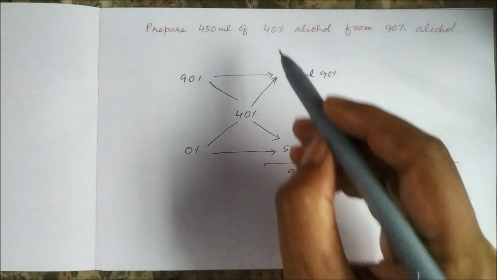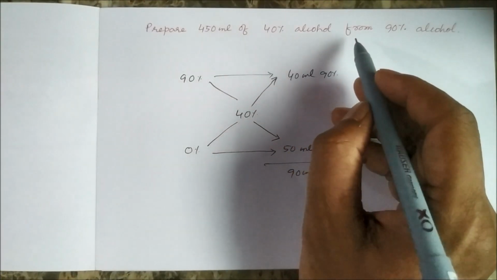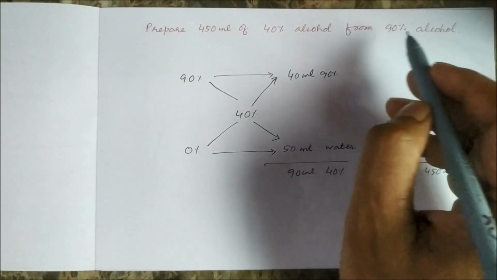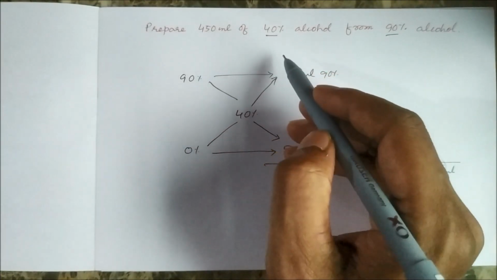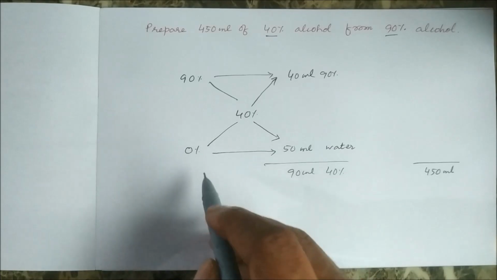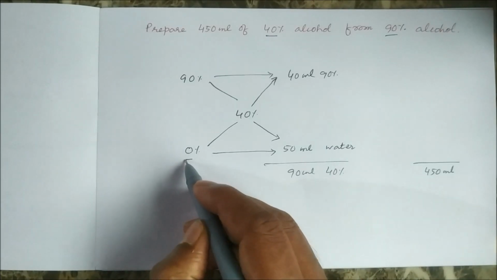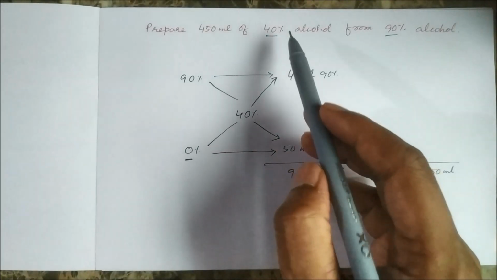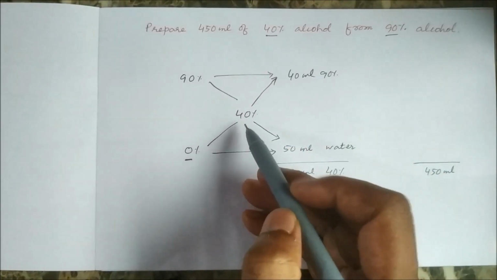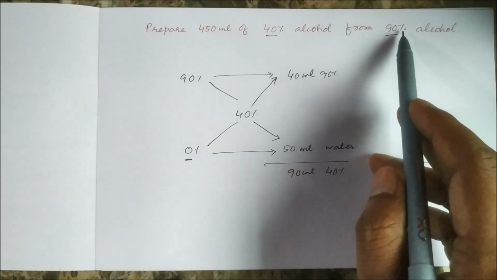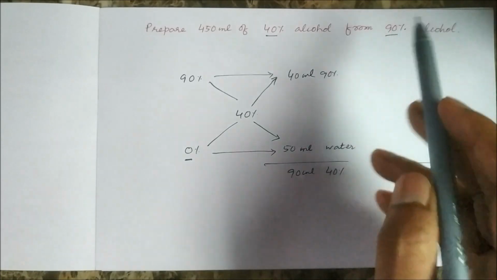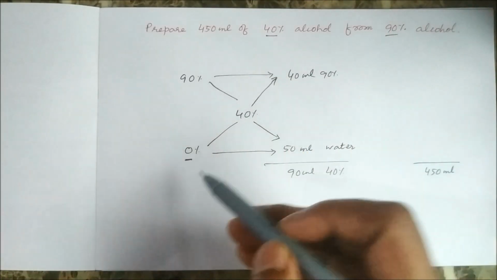Prepare 450 ml of 40% alcohol from 90% alcohol. So here the higher strength is 90%, the lower strength is water, which is 0% alcohol, and the required strength is 40%. We will dilute this 90% alcohol with water.